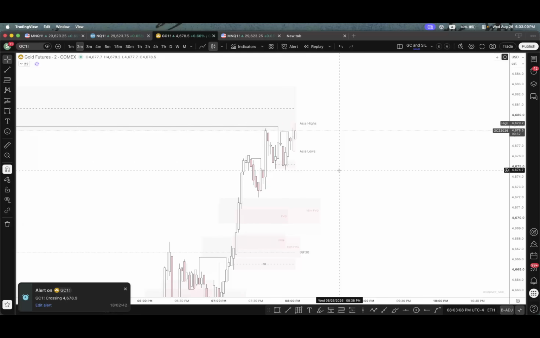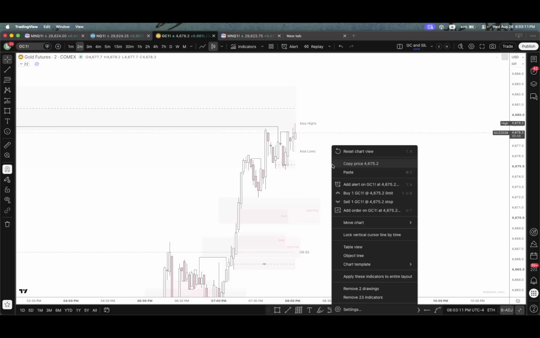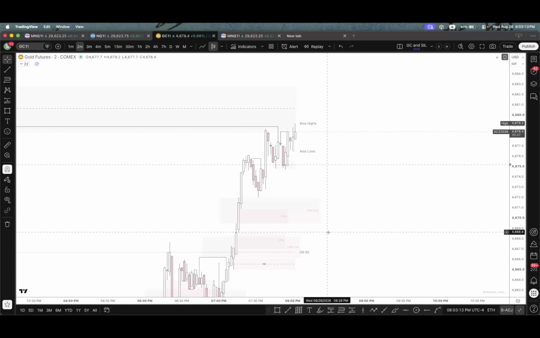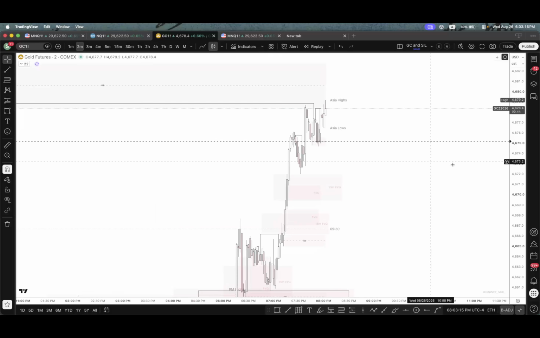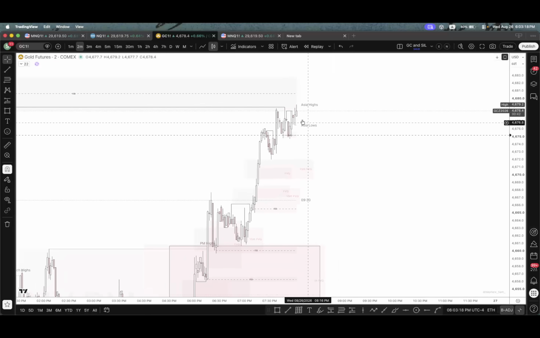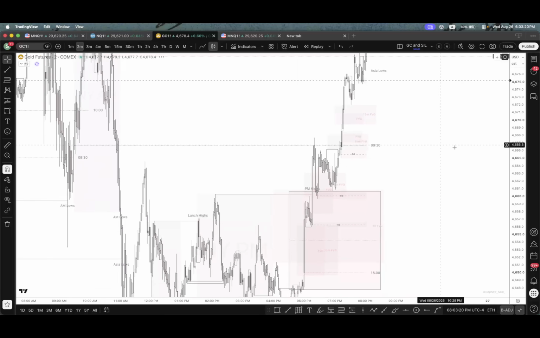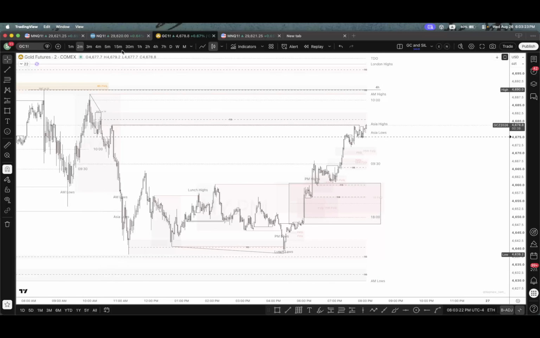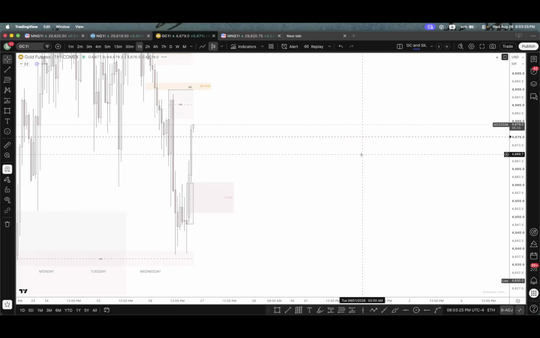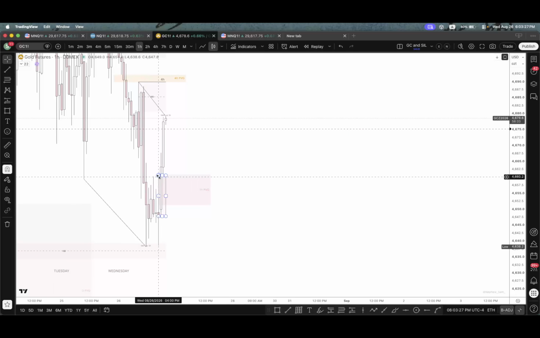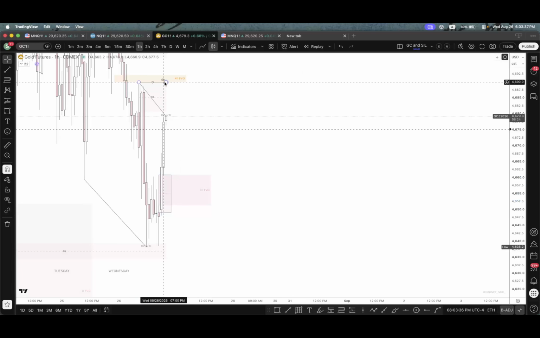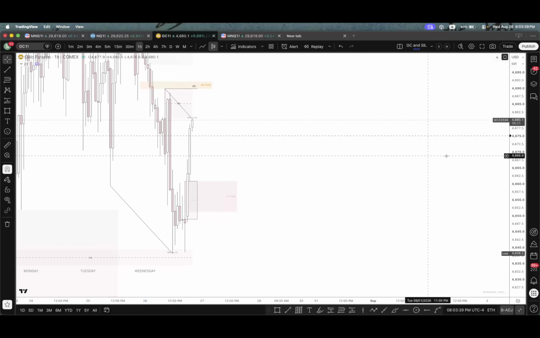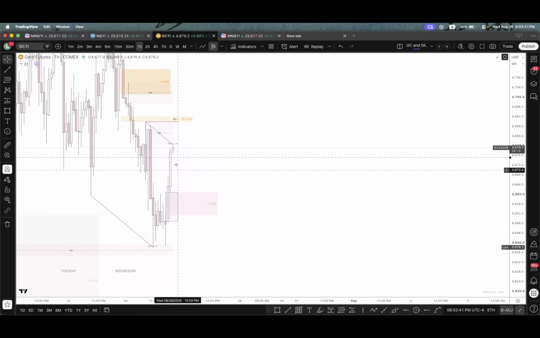Yeah, so I'd probably just wait for this to get hit on GC, and then after that I'd probably be interested in taking some sort of trade here, but not until this happens, right? Because we want this to get mitigated, basically. Then for the 1 hour, yeah, we have a 1 hour as well. That's even better, right? So we got this 1 hour going on. Okay, it might not get tagged.